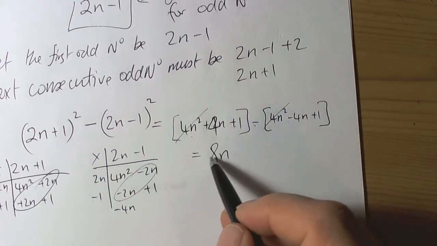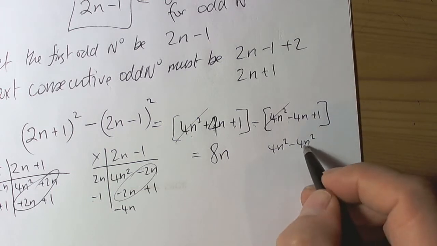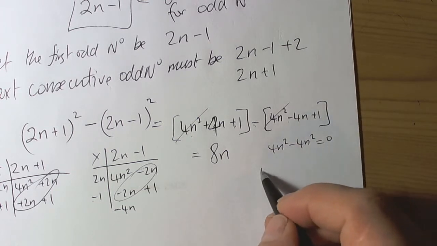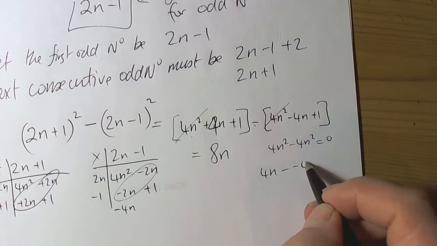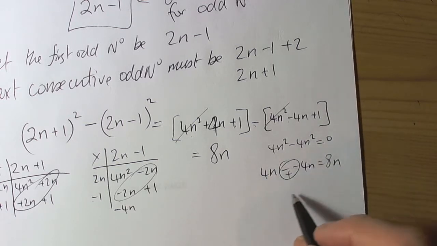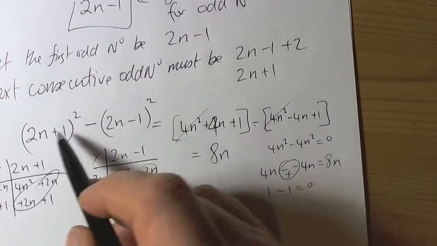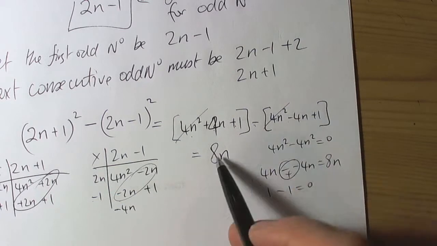So all of this has come down to 8n. Let's recognise why that worked. 4n squared take away 4n squared is 0. 4n minus minus 4n becomes 8n. And then we've got 1 take away 1, which is 0. So that's what the difference of the squares of the odd numbers gave us.